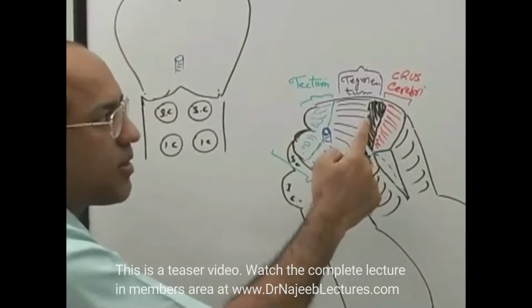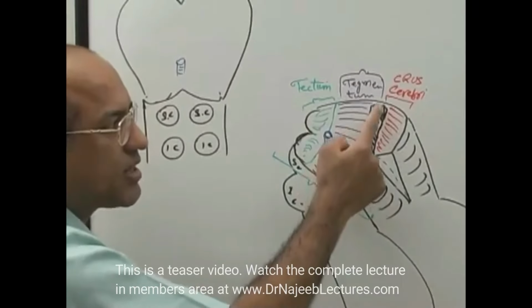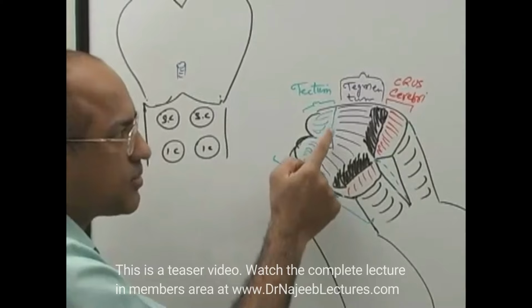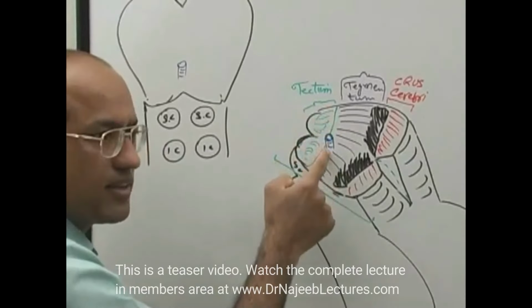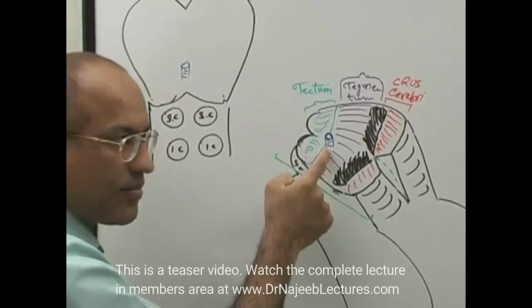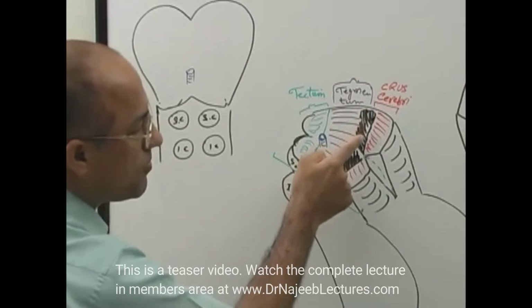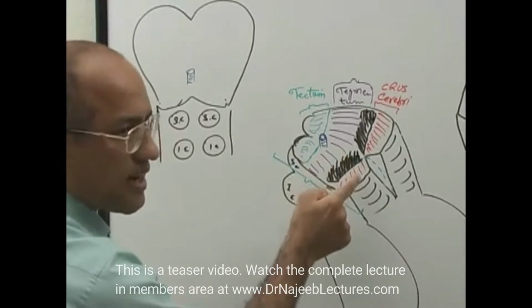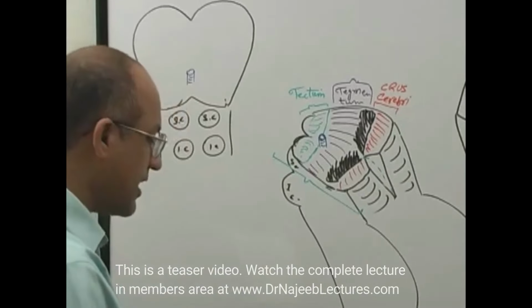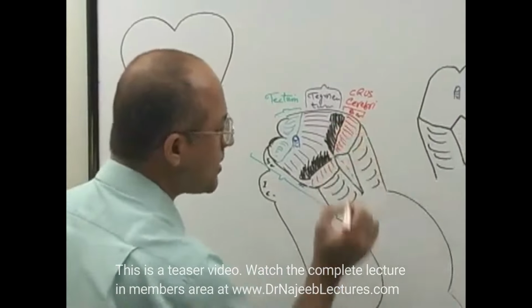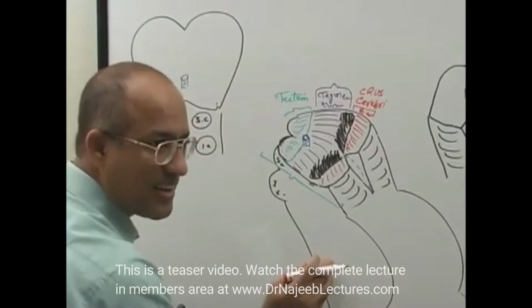Now, the boundary between the crus cerebri and tegmentum is substantia nigra, and the boundary between the tegmentum and tectum is the cerebral aqueduct. This part, which is in front of the substantia nigra, which is called crus cerebri, is also called base. Remember in the pons there was a base and there was tegmentum.